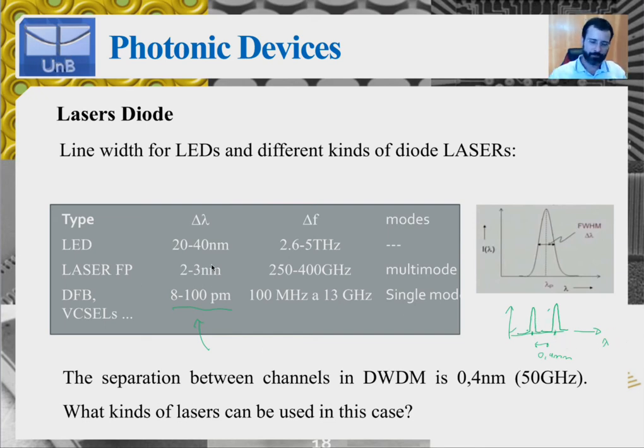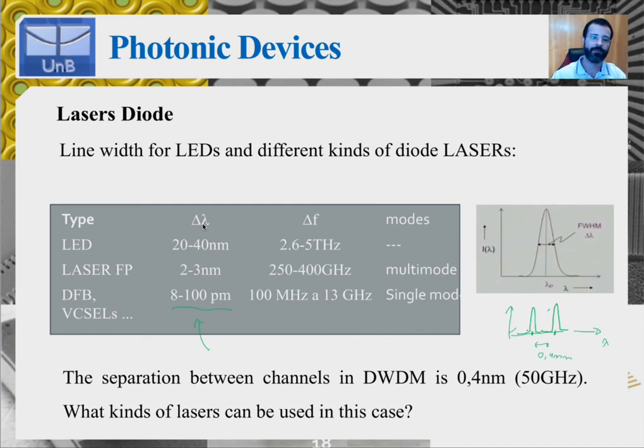Okay, and another important factor here is that at optical wavelengths, dispersion in guided media such as optical fiber is a prominent effect, right? So the signal can be distorted because of dispersion if light propagates over a span of kilometers of optical fiber, and the effects of dispersion rise with the line width of the signal.